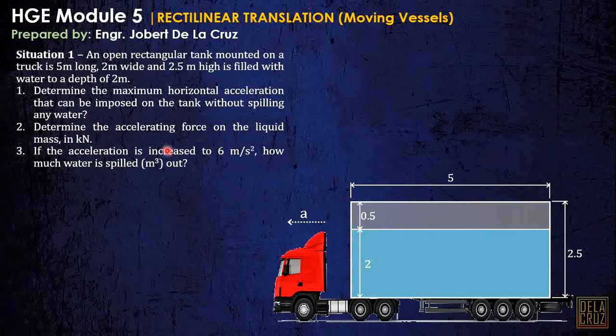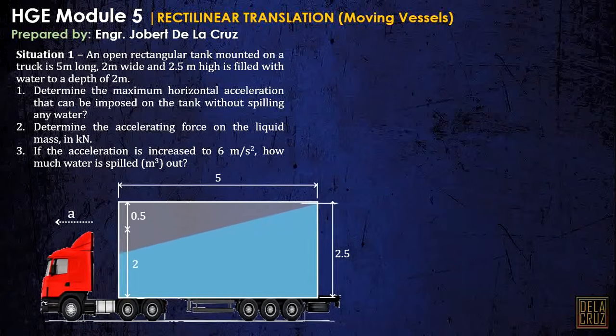Now, the problem is to determine the maximum horizontal acceleration that can be imposed on the tank without spilling any water. Okay, so how do we relate that to spilling? Of course, we analyze it this way. If this will move with a constant acceleration a, for example, like that, no?